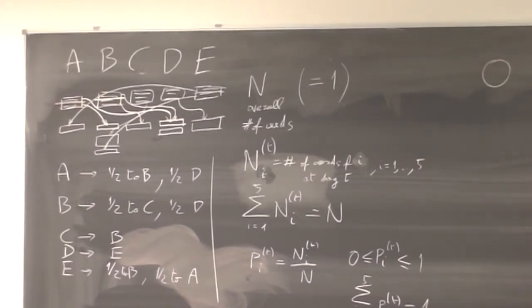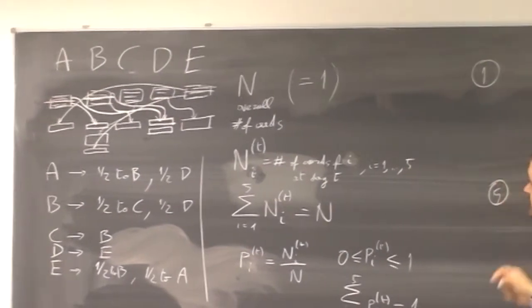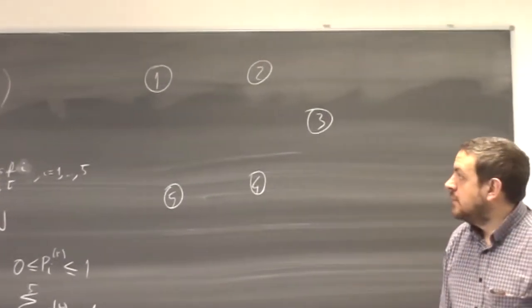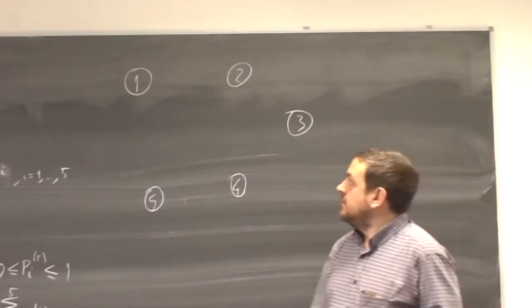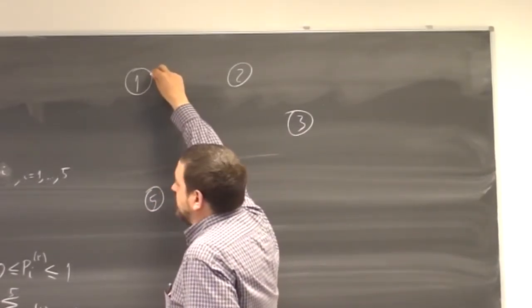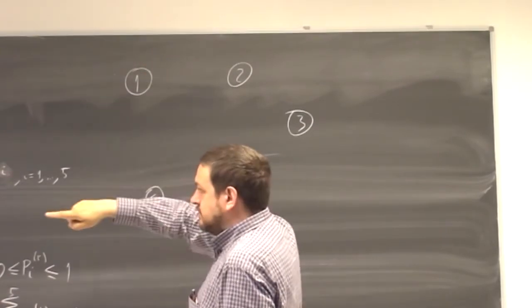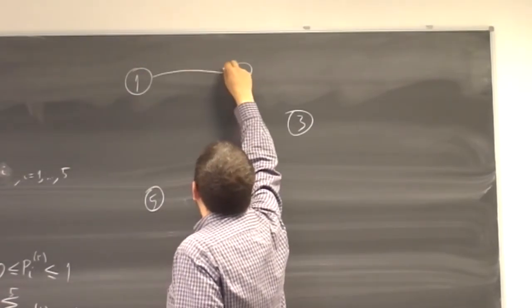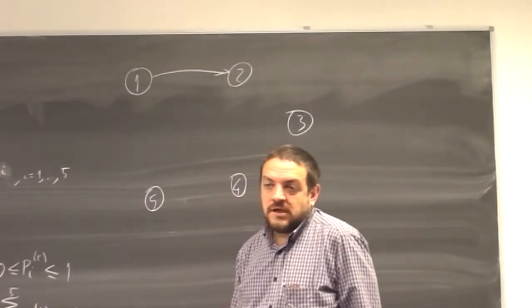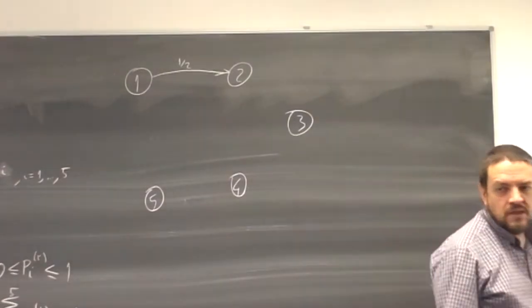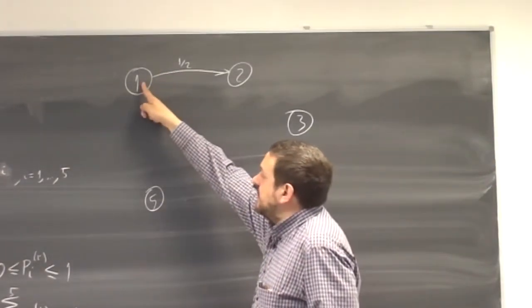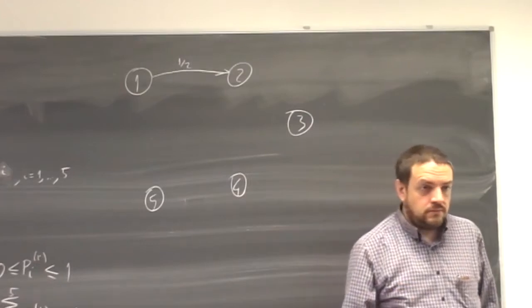So we have 5 people, let's call them 1 up to 5, rather than A to B. And we can represent the different transition rules as arrows with a weight that gives how much of the deck of every player goes to another player.